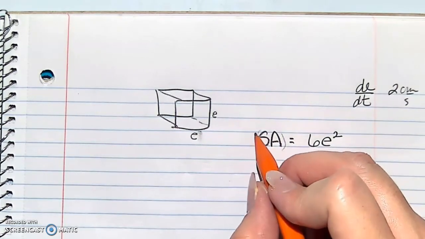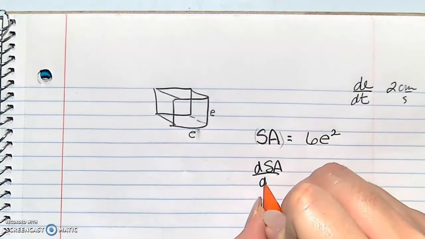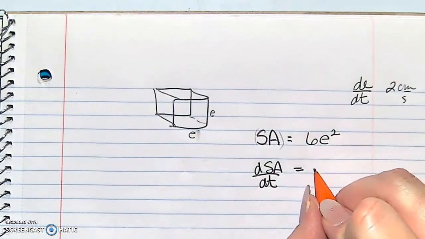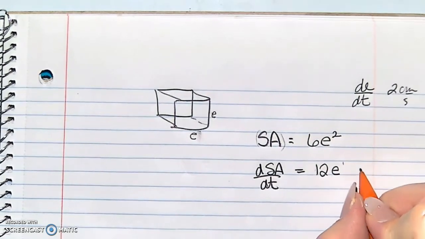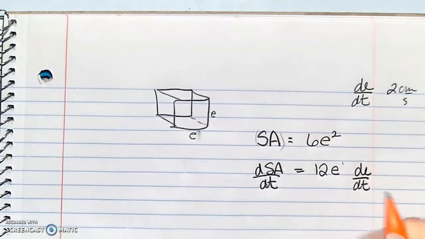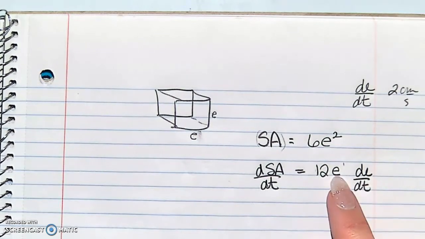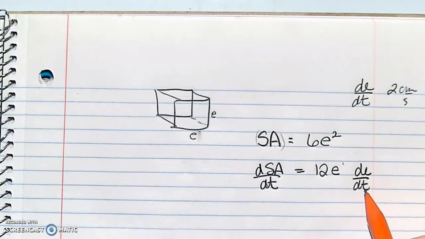So the derivative of surface area is dSA/dt equals the derivative of 6e squared, which is 12e to the first dE/dt. And this is not the e of natural logs and Euler's number. This is just E for edge. And I'm told that dE/dt is 2.